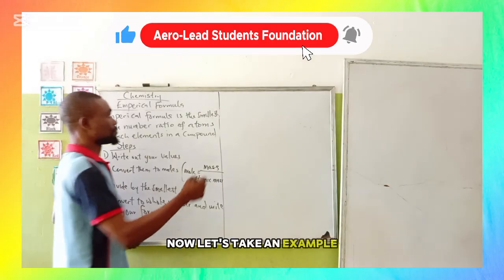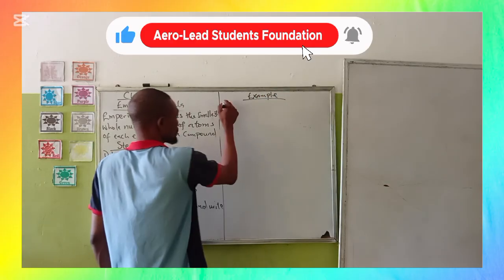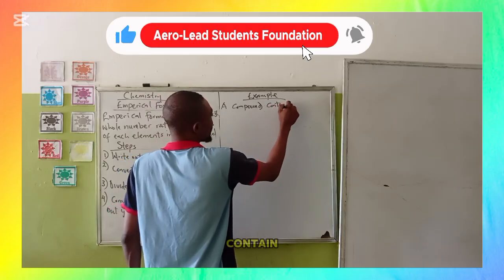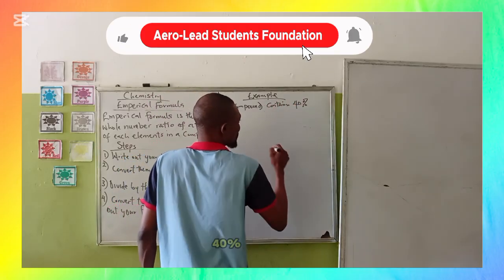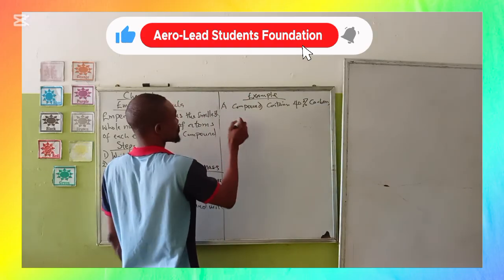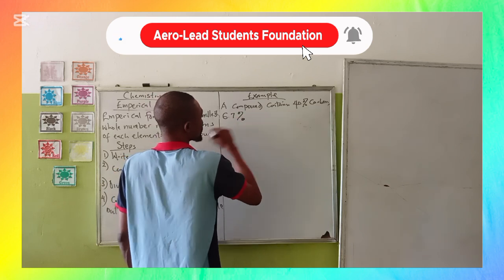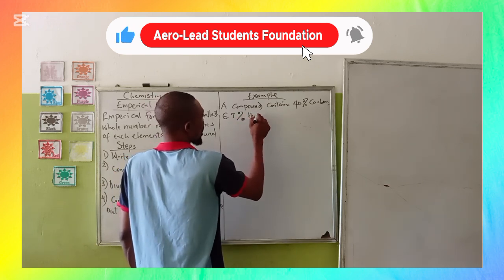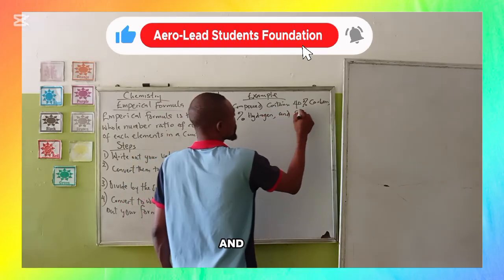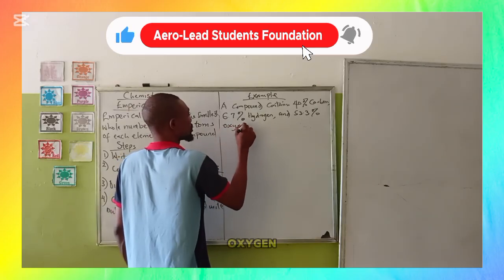Now let's take an example. A compound contains 40% carbon, 6.7% hydrogen, and 53.3% oxygen.